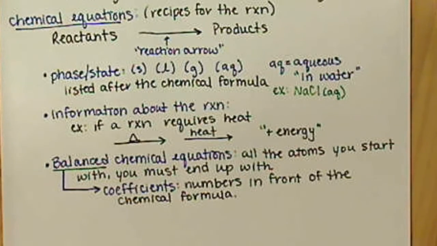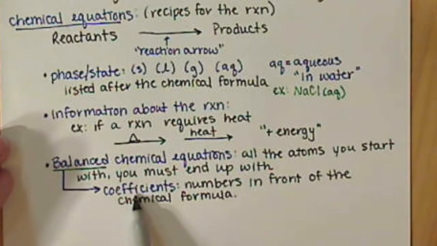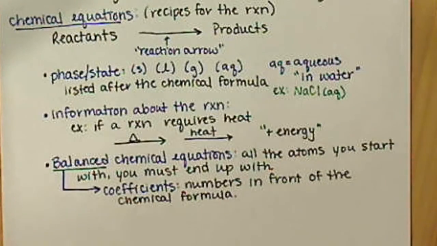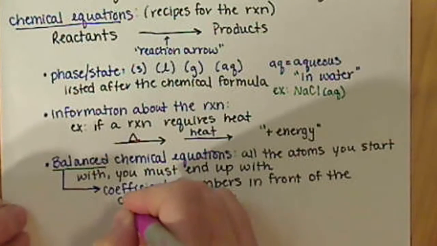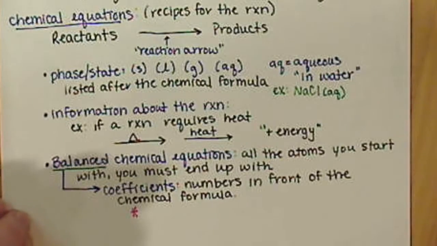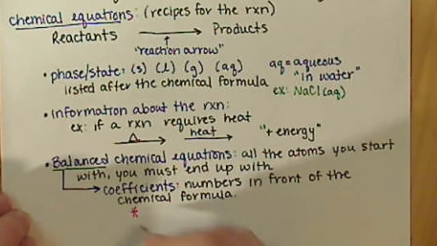To balance out our equations, we're going to put these coefficients to say that rather than just having, say, one molecule of water, we have 2 molecules of water, okay, in order to get all of our atoms to balance. So it's very, very important that we cannot ever change the subscripts to balance the chemical equation.